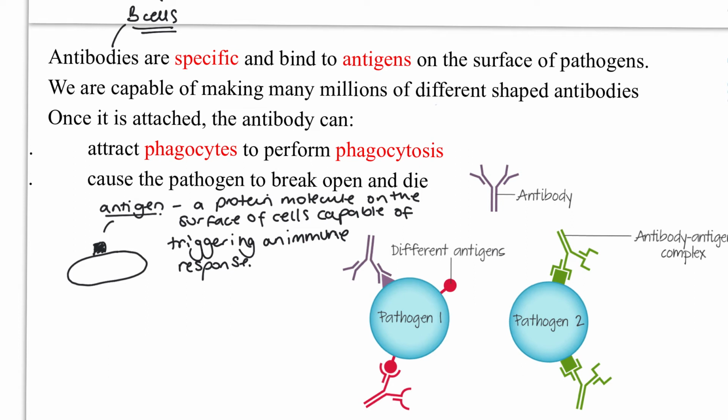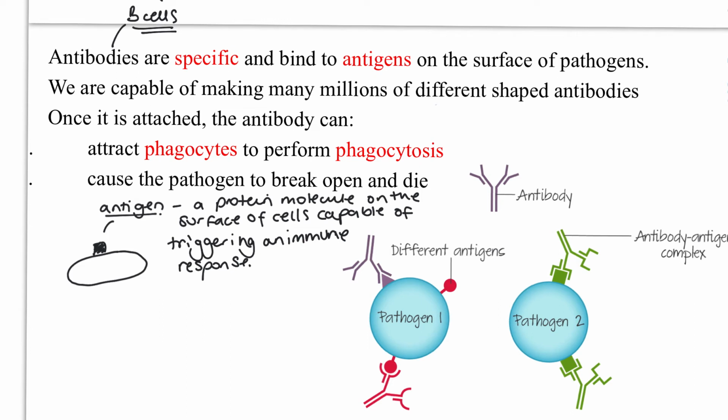Each of these B cells is capable of making a specific shaped antibody. Each one makes a different one, but you produce many millions and millions of these B cells, each one capable of making a different shape. So your immune system is capable of making many millions of different shapes of antibodies.